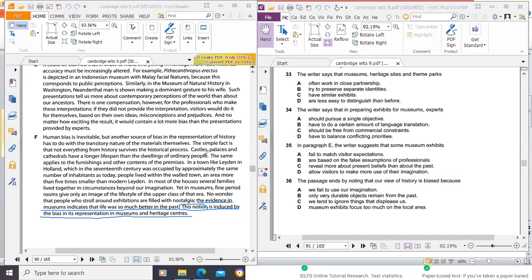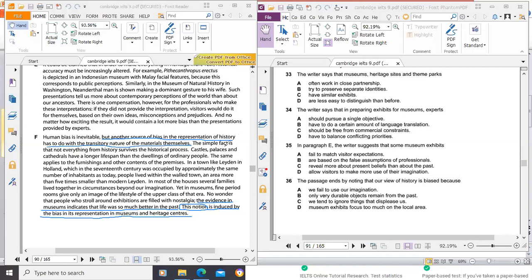So I will have to look up what he has to say, bearing in mind that there is bias in the representation of museums and heritage centers. So human bias is inevitable, and in the representation of history, now this is important, another source of bias is the representation of history as it has to do with the transitory nature of materials themselves.